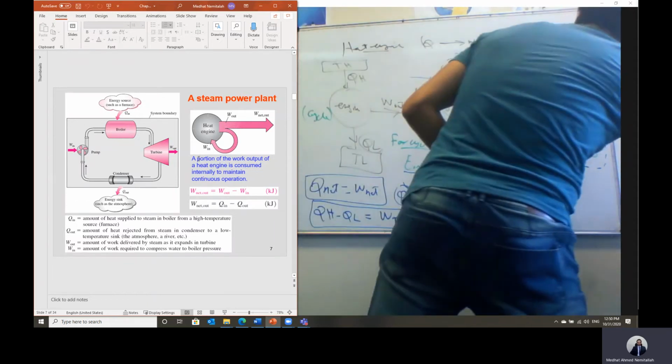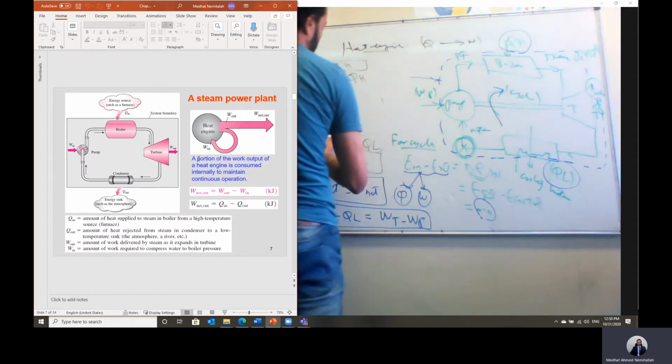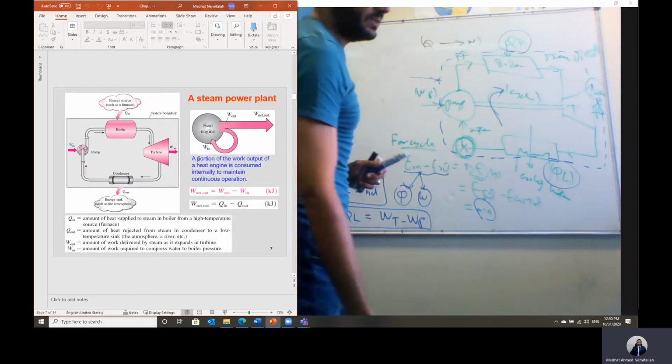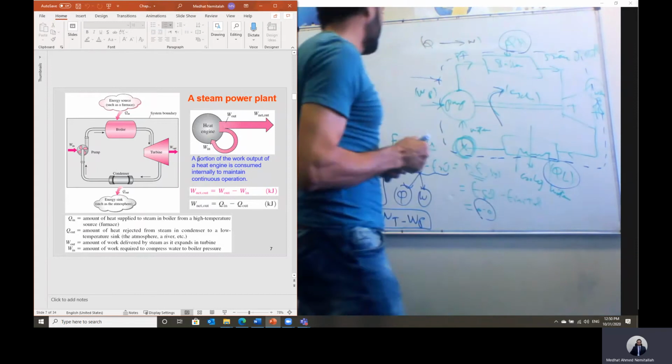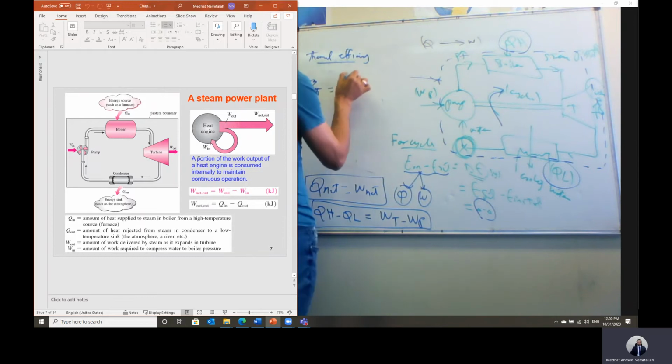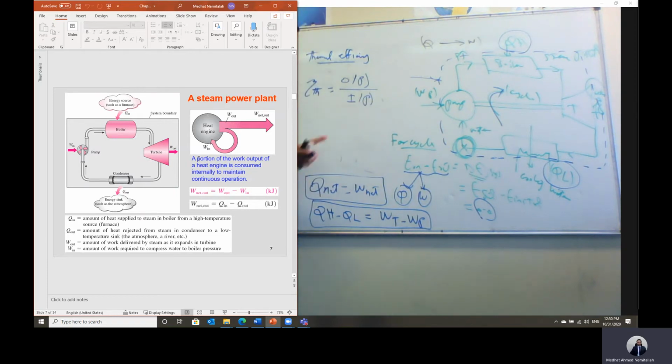But to calculate the efficiency of any heat engine system, the efficiency should equal what we get, the desired output from this system. The thermal efficiency of any heat engine, we call it eta thermal, should equal the desired output from this system divided by what we give to this system, the input power.